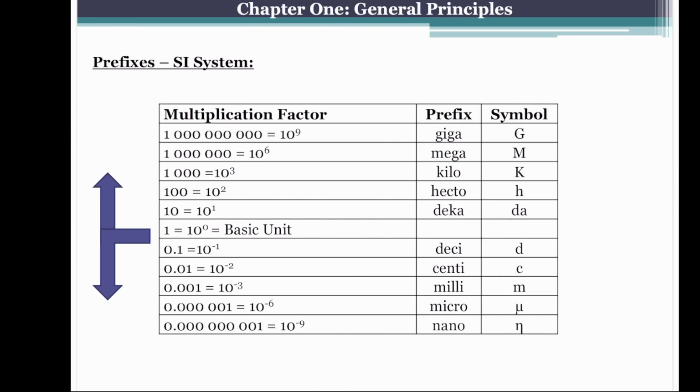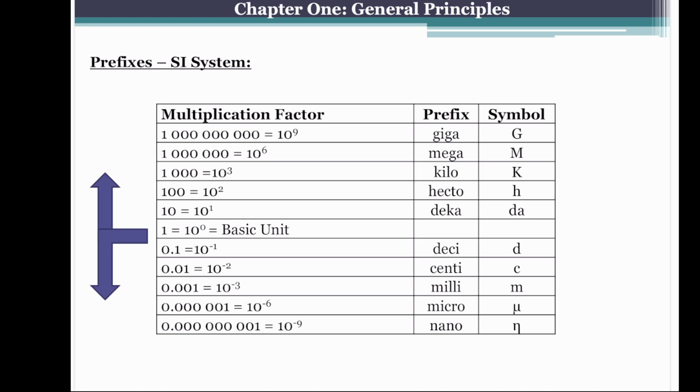They are basic. Another thing we are going to talk about is the prefixes. When we talk about the prefixes, it's a way to describe the order of magnitude of the basic quantity.